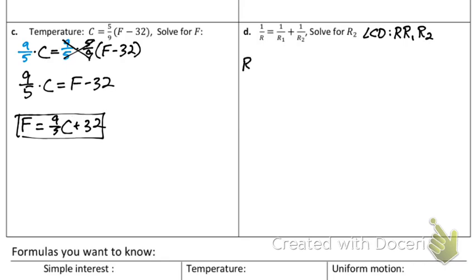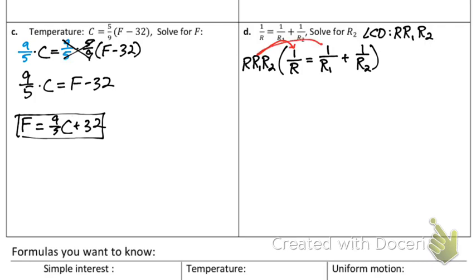So let me set that up. We'll have r times r sub 1 times r sub 2. And we're going to multiply that by everything. So that's 1 over r equals 1 over r sub 1 plus 1 over r sub 2. And we are going to distribute that r r sub 1 r sub 2 to all three of those terms. So that's going to look like this.